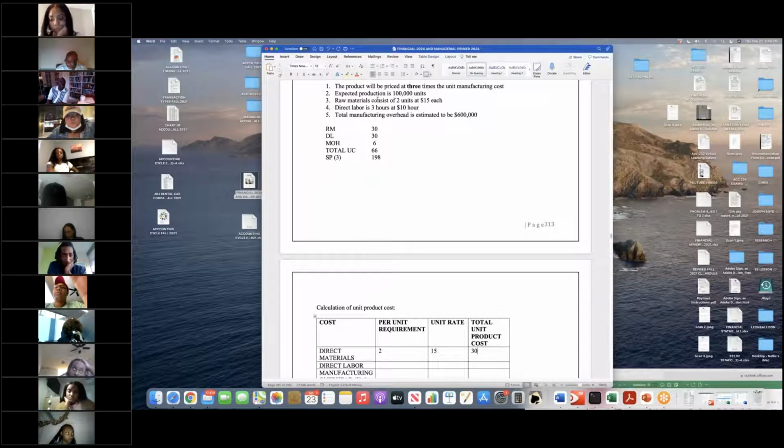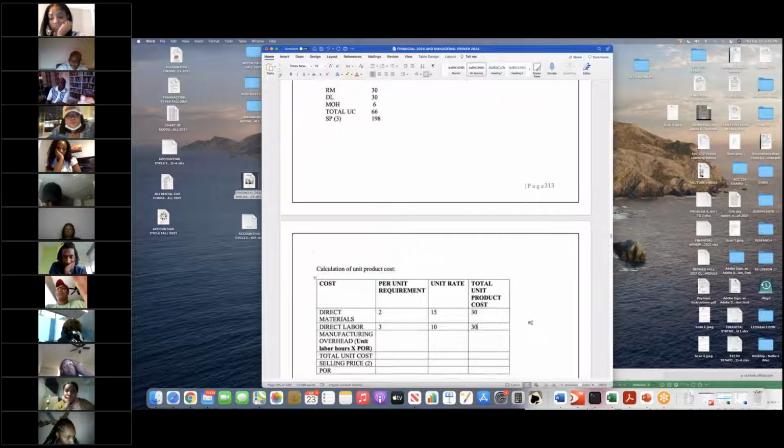We're going to do the same thing with our labor. The per unit requirement is 3. Unit rate is $10. So we get $30 again. So we'll have a little table like this to work on it.